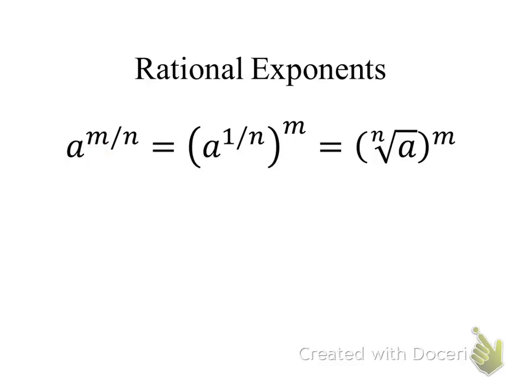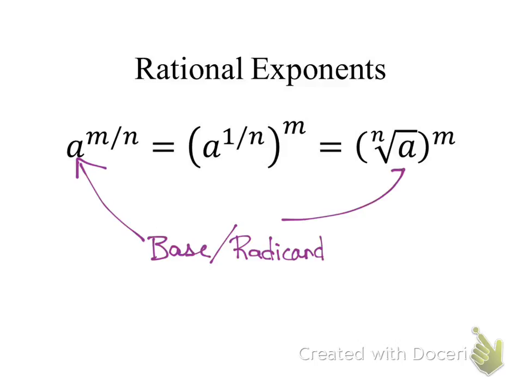The base, let's actually label these positions. The radicand should stay the same as the base. So this is called a base, and the radicand stays. So this numerator of the rational exponent stays as the power.